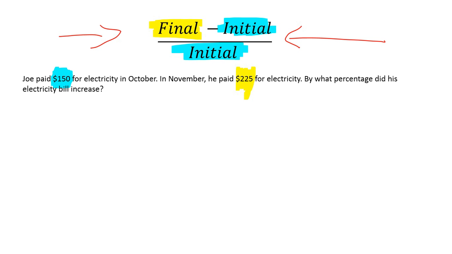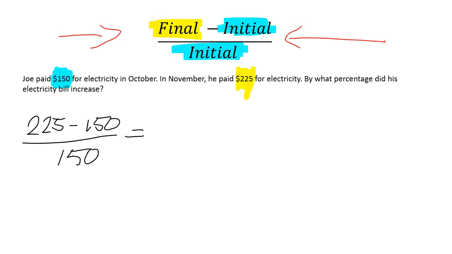Again, my formula is still the same, so I'm going to have 225 minus 150 divided by 150. 225 minus 150 gives me 75. That is positive.